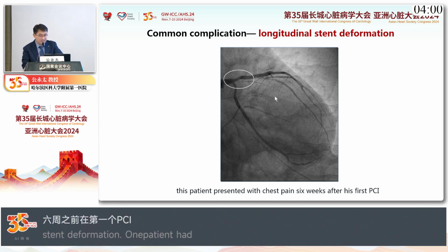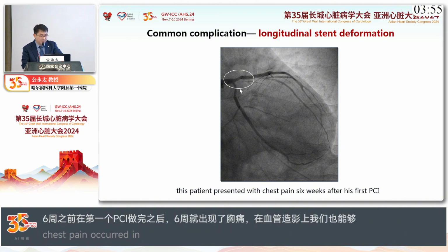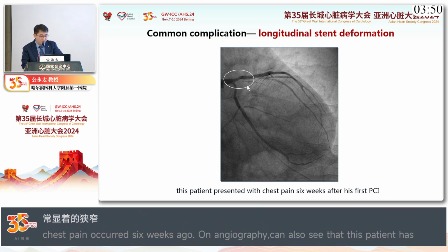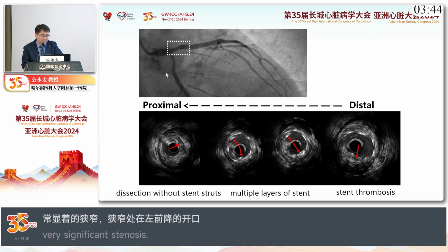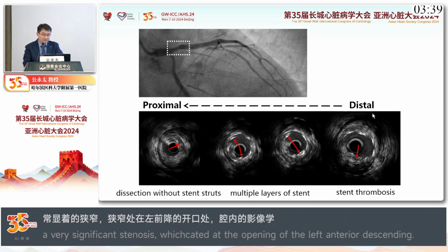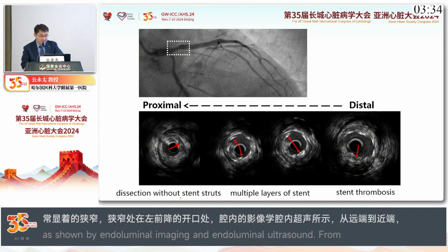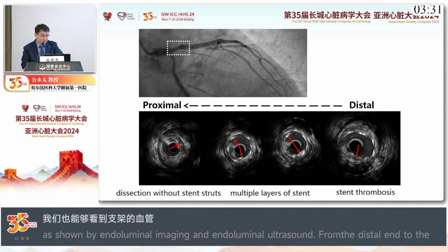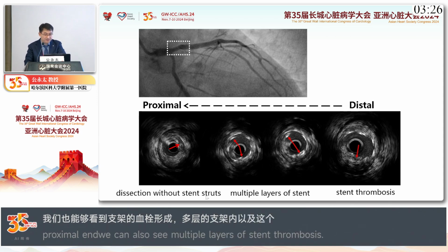From the angiography result, we found there is a significant stenosis of the ostium of the LAD, and with intravascular imaging, we can see from distal to proximal the stent thrombosis, multiple layers of stent, and dissection without stent struts. This is a classic stent deformation.